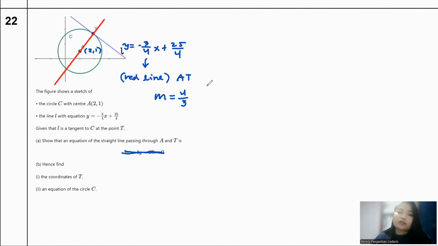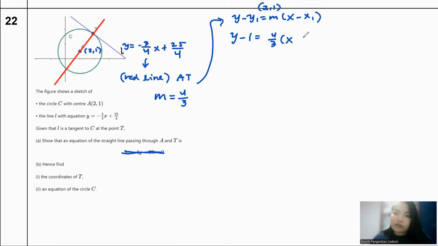Then you're going to use the formula for creating an equation, which is y minus y1 equals m times x minus x1. The point is already given, so this is the point we're going to use: 2 and 1. So y minus 1, m is 4 over 3, times x minus 2.